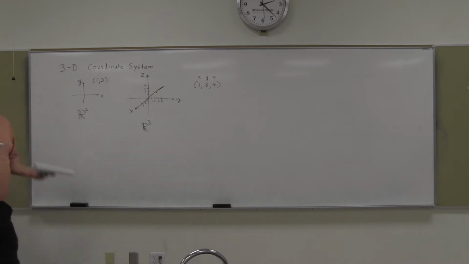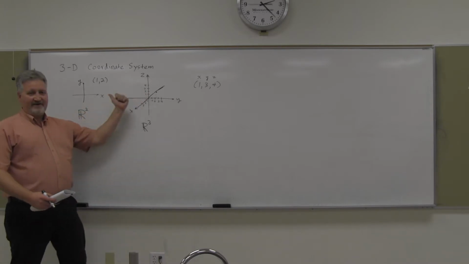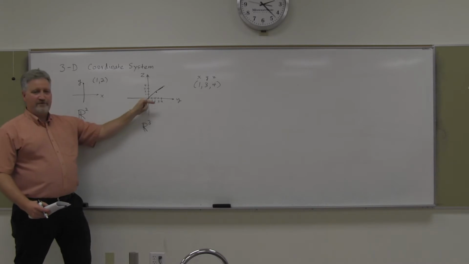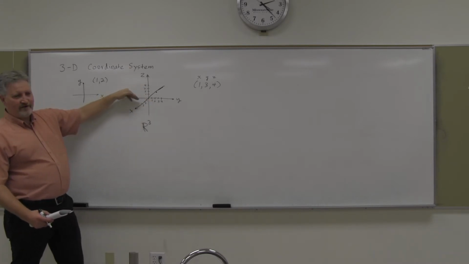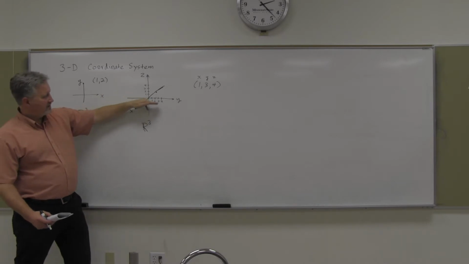So it's just hard. I mean, that still looks like it could be anywhere, doesn't it? It's hard to draw in 3 dimensions on a 2-dimensional flat surface. But yeah, it's out here 1, and then over 3, and then up 4. So if we follow along, it's out this way, and then back this way, and then up.